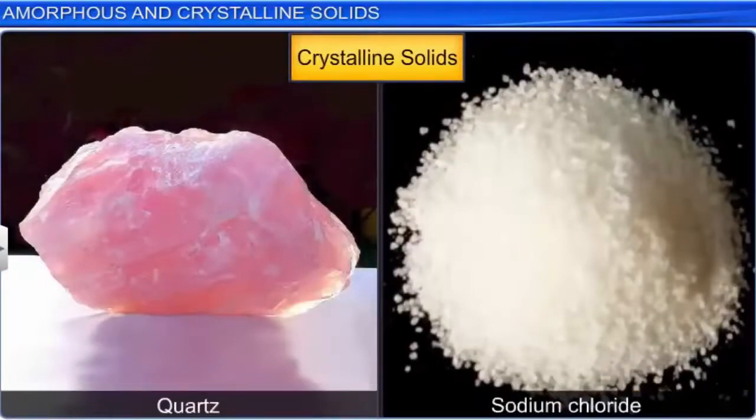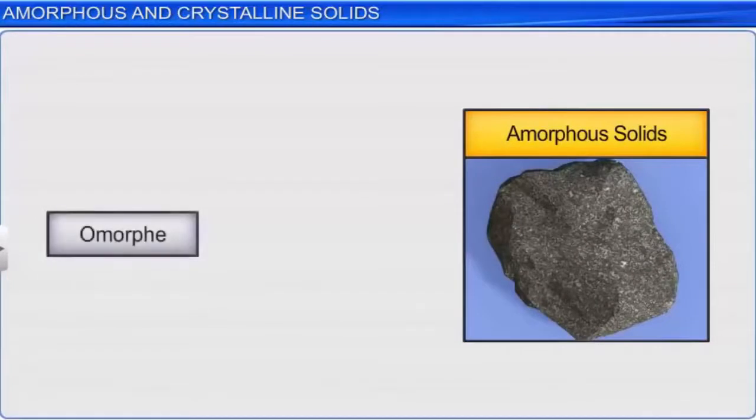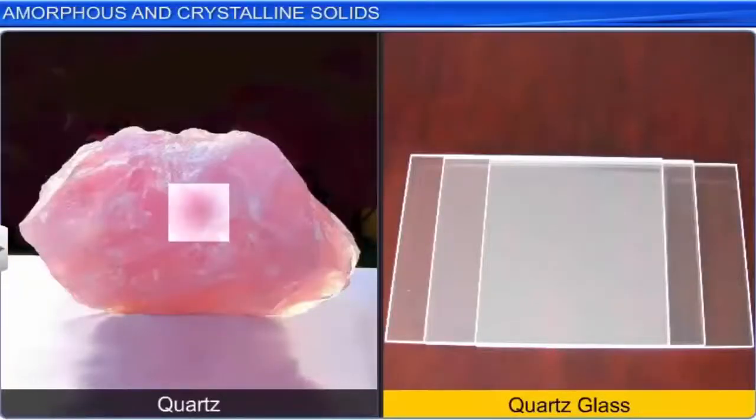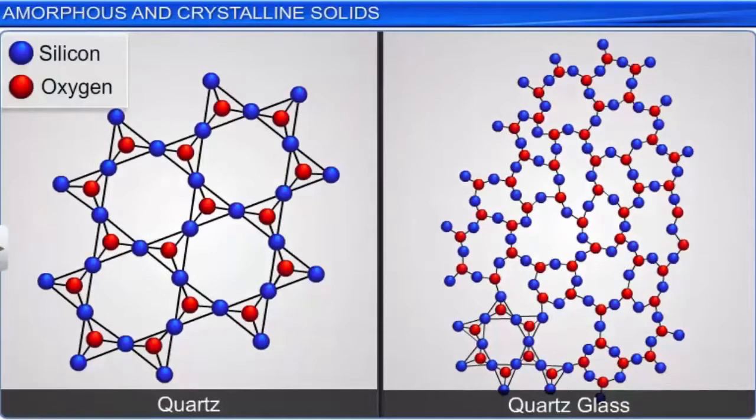Now let's discuss amorphous solids. The term amorphous has been derived from a Greek word, omorph, which means shapeless. An amorphous solid consists of a number of constituent particles arranged in a random manner.